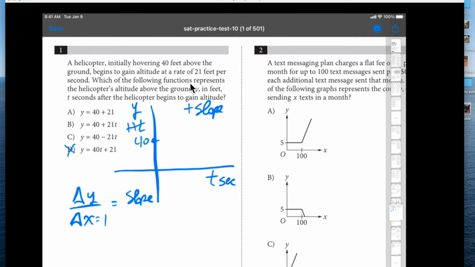That means our slope is 21. So we are looking for something like this: y equals 21t plus 40. y equals mx plus b. Slope is 21. Y-intercept is 40. Therefore, it is going to be choice B.